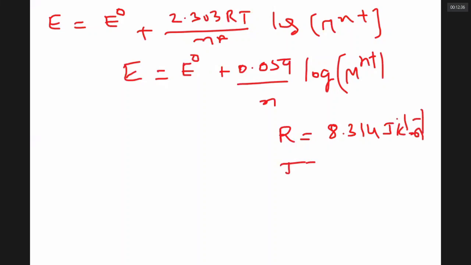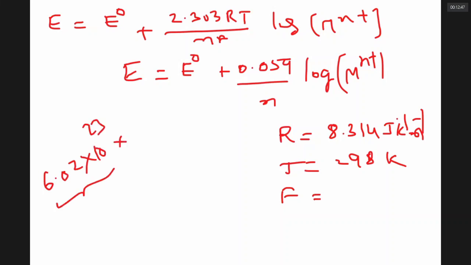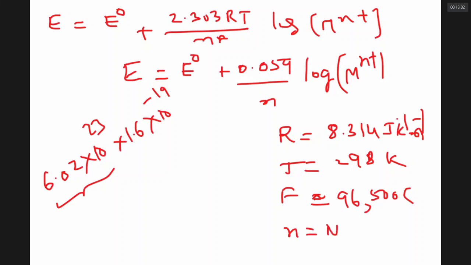T is temperature, you can take 298 K. And F is the charge due to Avogadro number of electrons, which is nearly 96,500 coulombs. Ladies and gentlemen, if I put all the constants, where N is the number of electrons transferred in cell operation.